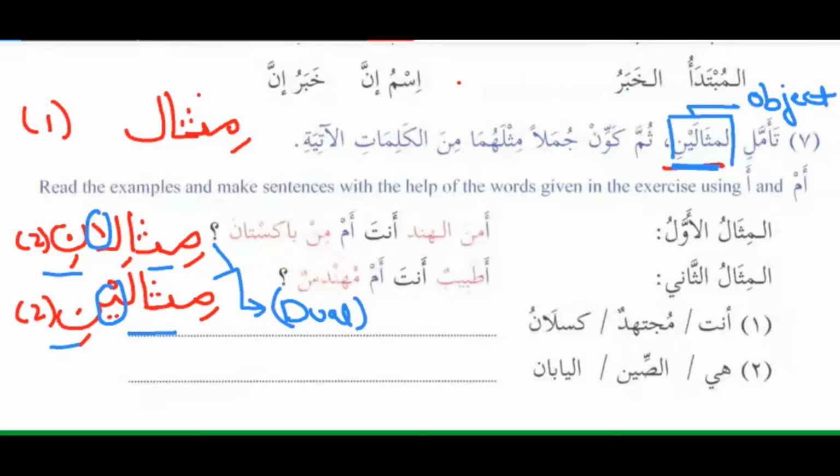As we know, we have a fail, an action, then we have the doer of the action, then we have this action being done on something, that is the object. So we have the fail, the fa'il, and the maf'ul. So here it is the maf'ul.